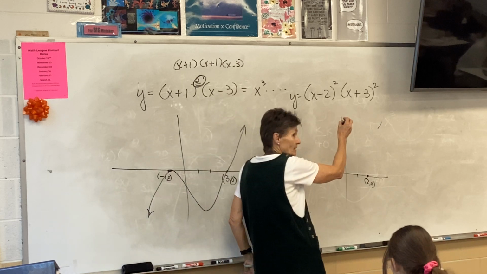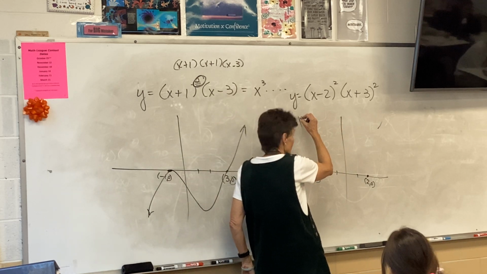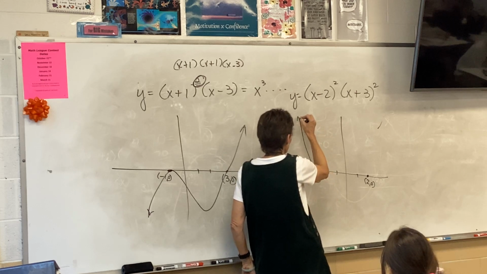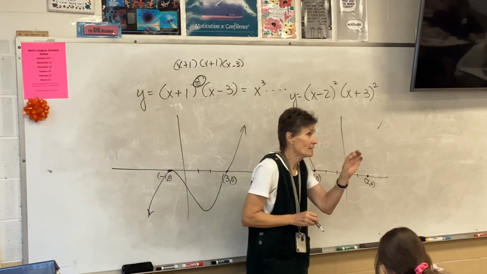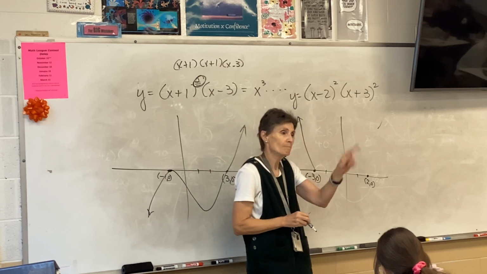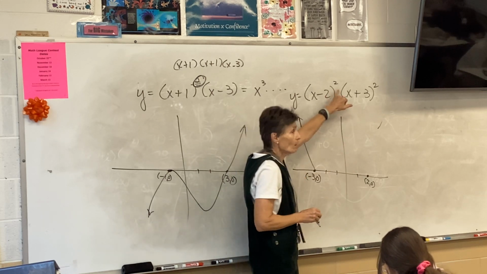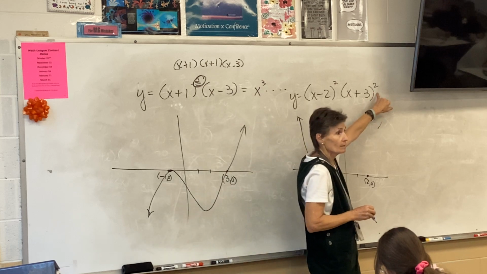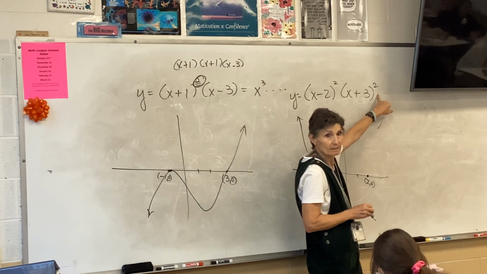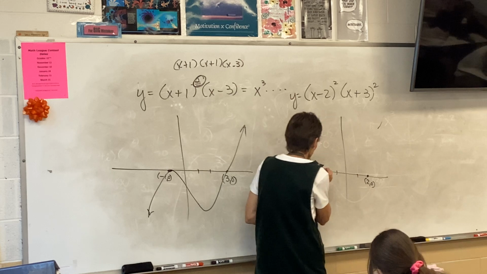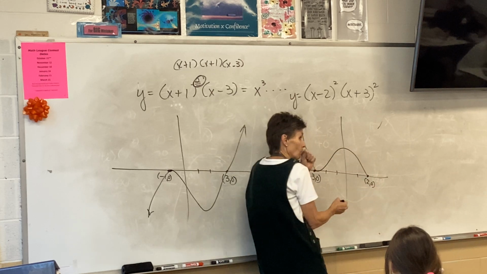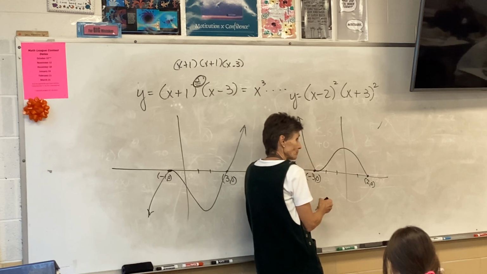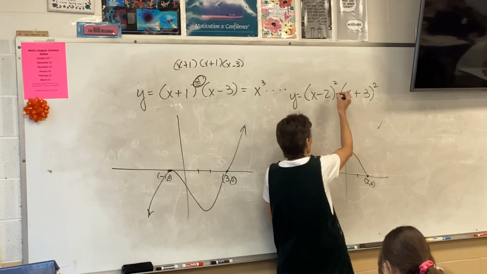Now, it's even, so I'm starting up here. So I'm gonna come down to this point. Now, what do I do when I get to that point? My choices are go through or bounce off. I bounce, because that is squared. So here I go, bounce off, come up, gotta connect. And what happens here at 2?